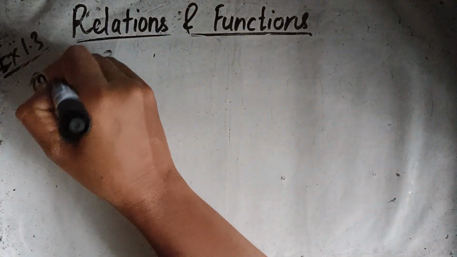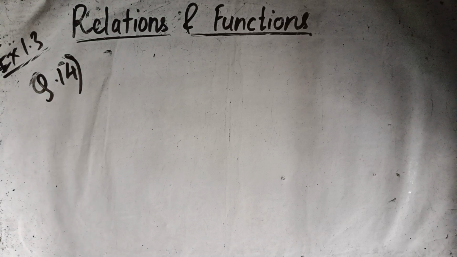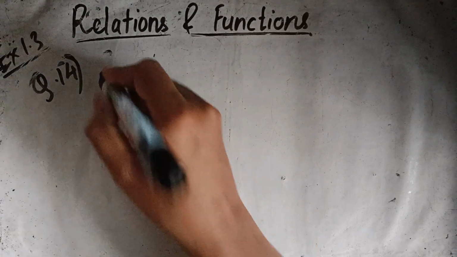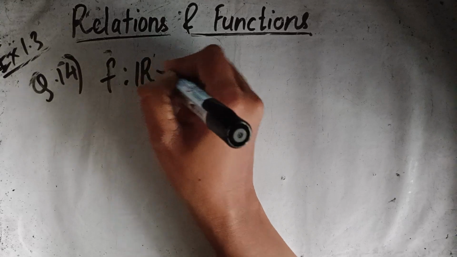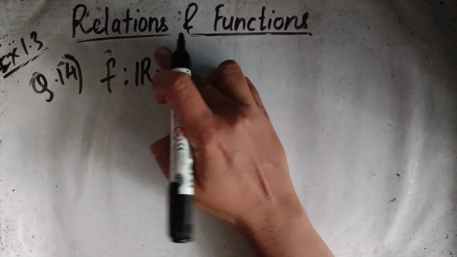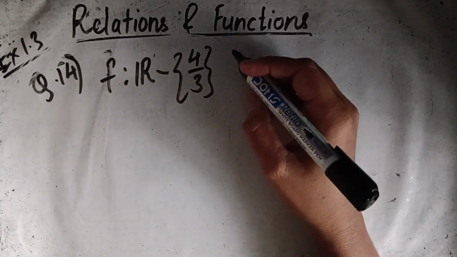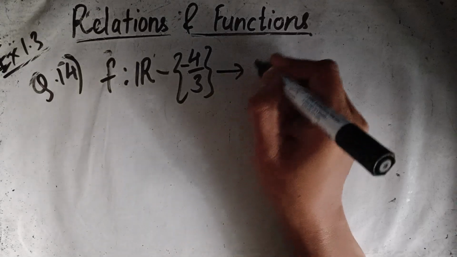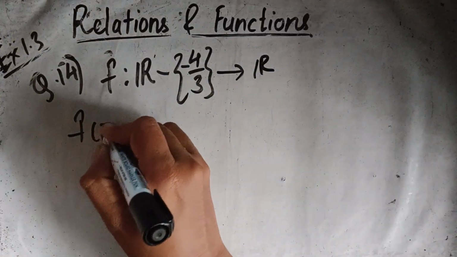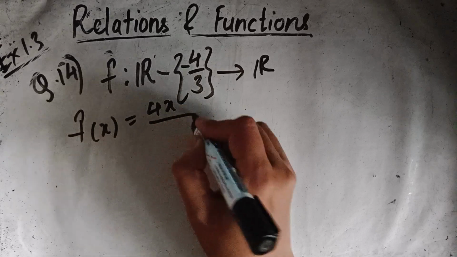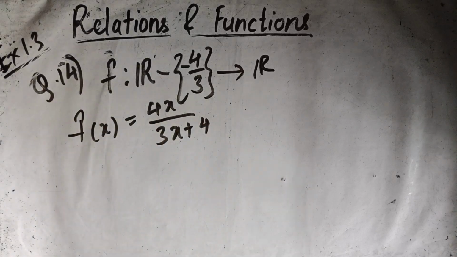Next is question 14. If f from R minus minus 4 by 3 to R is defined as f of x equal to 4x upon 3x plus 4, the inverse of f is the map G from range of f given by.